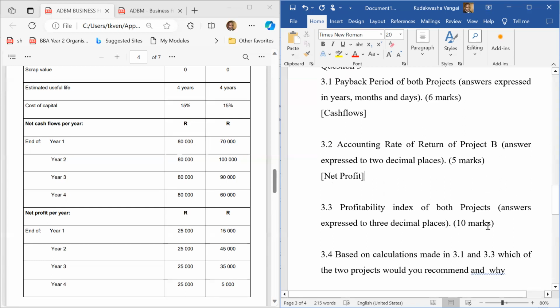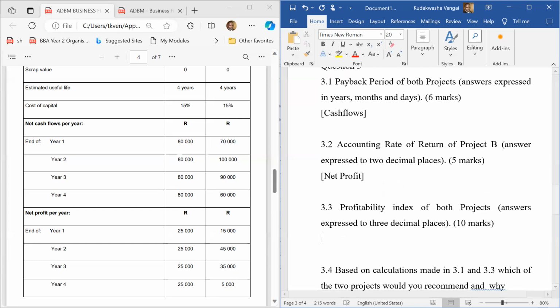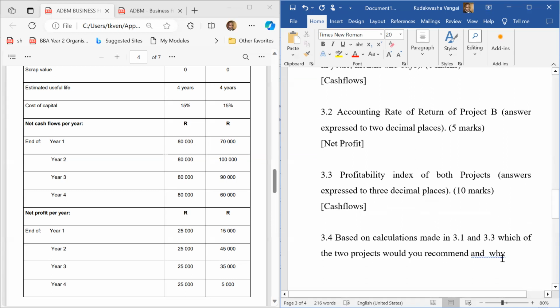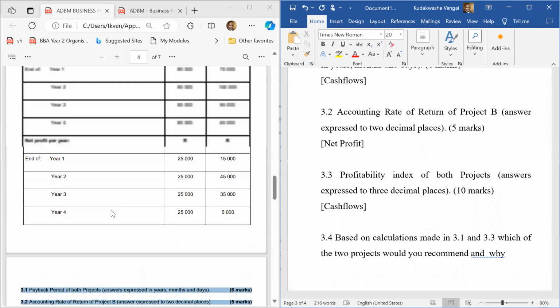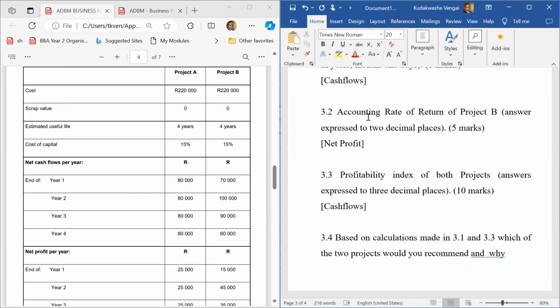And then for profitability index, we use cash flows. And then the final one is a conclusion based on the calculations.